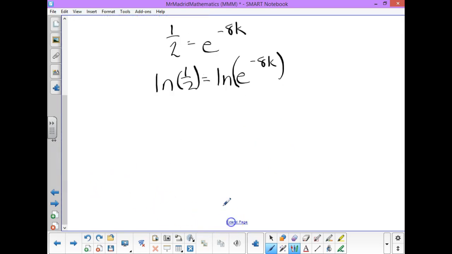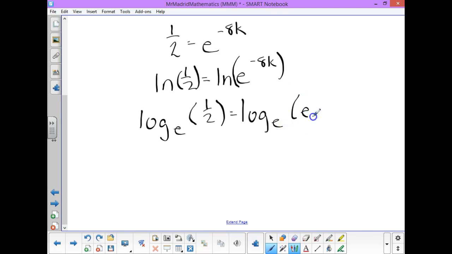Now some of you got this and some of you might feel a little awkward, so just for your benefit I'm going to rewrite the natural log as the log base e of half, the log base e of base e raised to the negative 8k. So as you can see now, I took the natural log of both sides for the sole purpose of what? Having it cancel here.